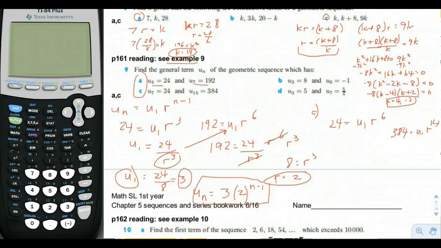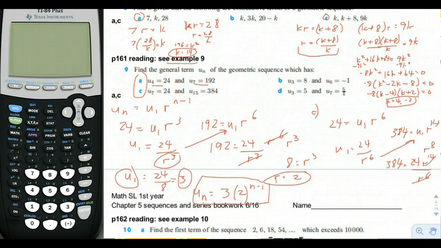So now we could do the same thing. We could say u1 equals 24 divided by r to the 6th. We could put it in there. We get 384 equals 24 r to the 14th divided by r to the 6th. And that would be r to the 8th, right?